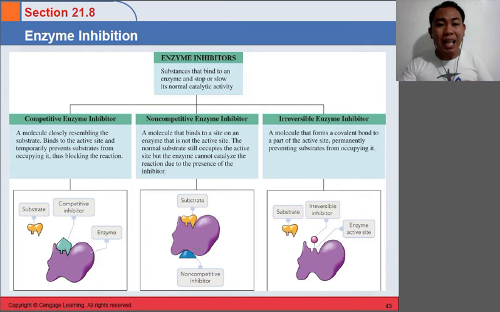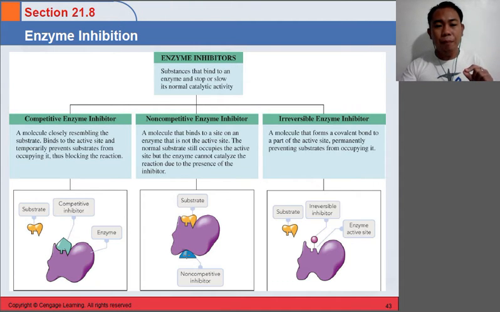It binds to the other side, it occupies the other side of the enzyme. So the normal substrate still occupies the active site here, but the enzyme cannot catalyze the reaction due to the presence of this inhibitor.